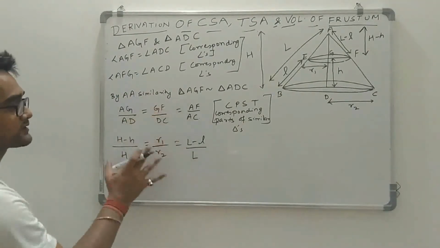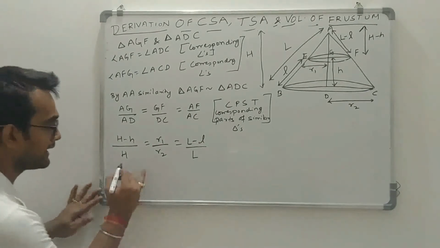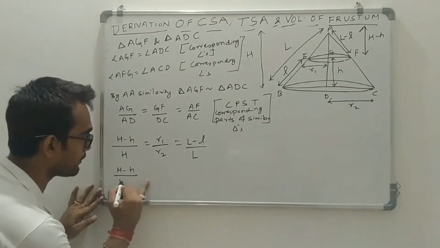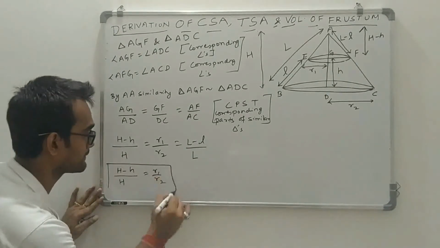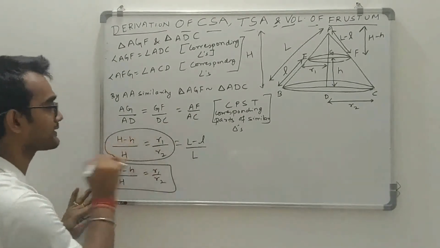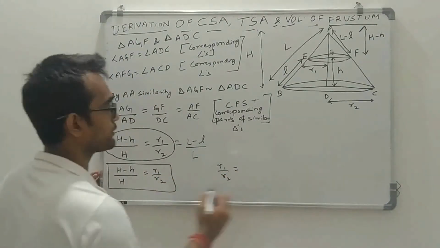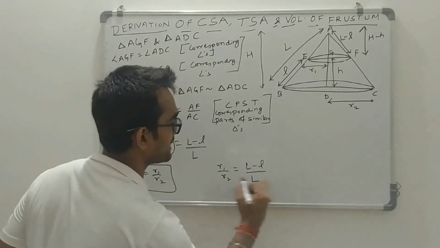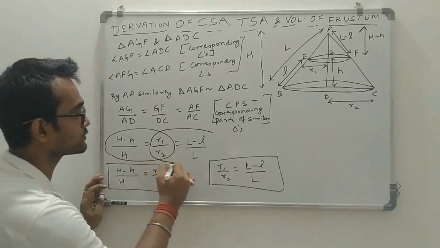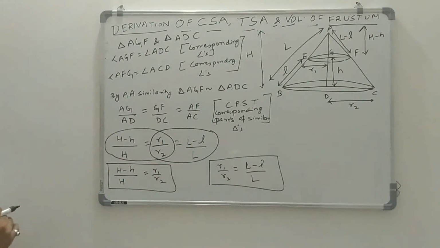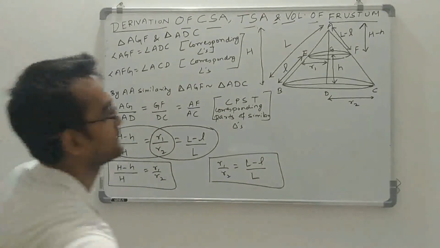After inserting all the symbols from the figure, firstly we will compare H minus h upon H with R1 by R2. Secondly, I will compare R1 upon R2 is equal to L minus l upon capital L. So in the next step I have to compare these two.